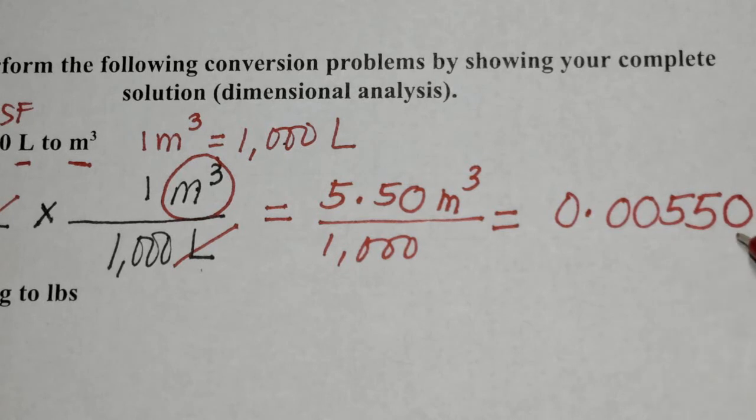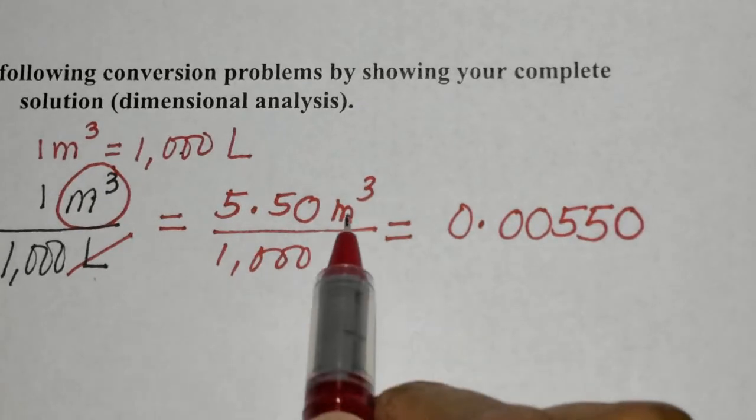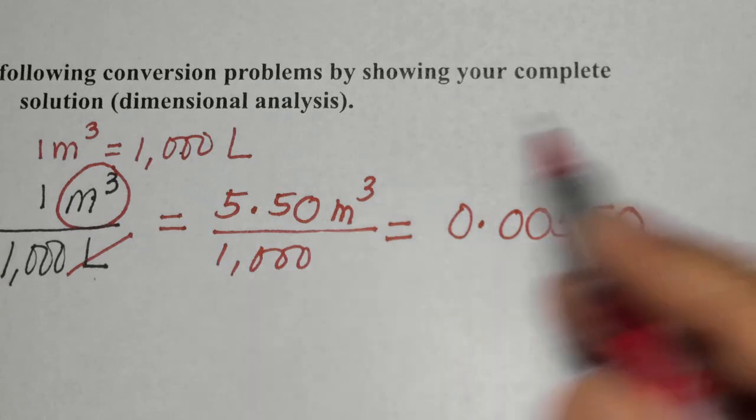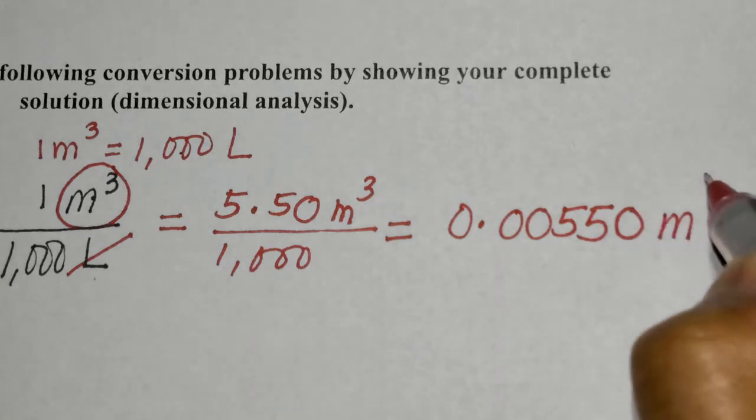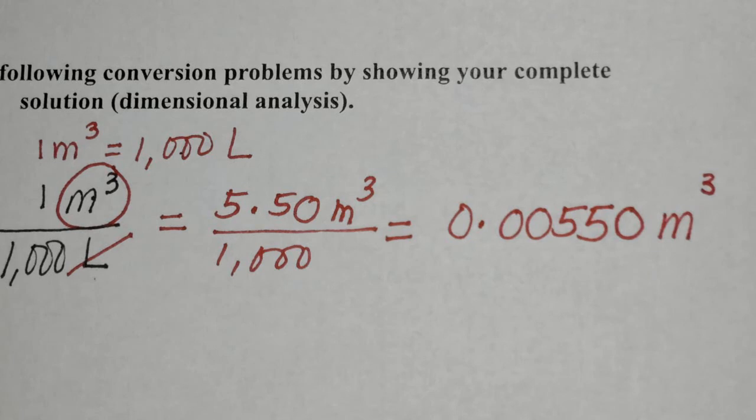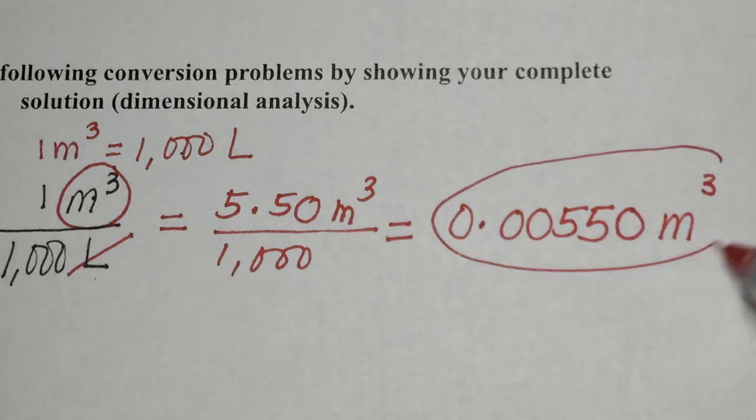By adding a significant 0, we can count that there are 3 significant figures already in the answer. And of course, we don't forget that after putting the value, you should never forget to put the final unit, which is cubic meter. And that is the final answer to your number 1.